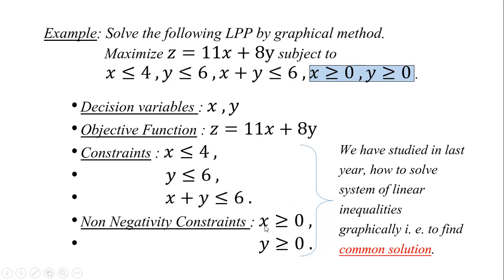Non-negativity restrictions means x is greater than or equal to 0, x is positive or 0, y is greater than or equal to 0, that means y is positive or 0. That means values of x and y are positive, and x is positive, y is positive in first quadrant. So we get the whole solution set in first quadrant satisfying these three constraints. So considering these constraints, we have to plot the graph.